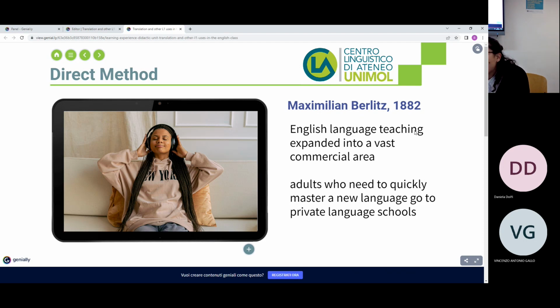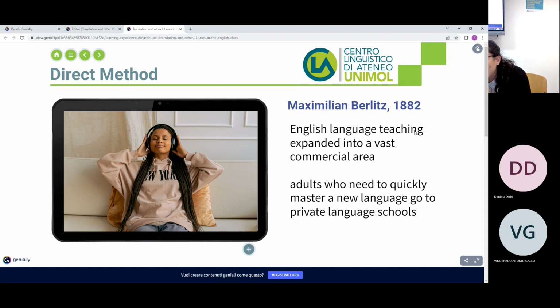Secondo voi, mentre l'Accademia e il Reform Movement criticavano delle metodologie per la scuola secondaria, secondo voi le scuole che sono nate per l'insegnamento della lingua a partire dalla fine dell'Ottocento servivano allo stesso scopo o si indirizzavano a pubblici diversi? Ok. Perché? Chi è che andava a scuola di inglese nel fine Ottocento?